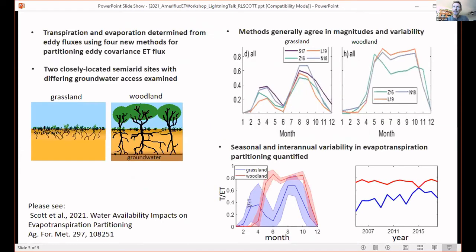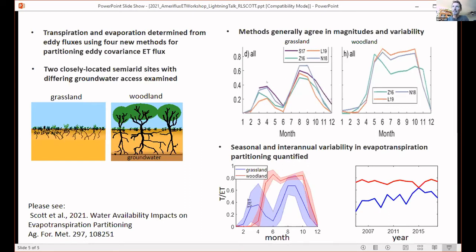We did another study where we compared a dryland grassland site with a woodland site that has access to groundwater. They're located very close to each other, but one's located down in a riparian bottomland area. And we compared our technique at S17 versus the Zhou 2016 method, Jacob Nelson's 2018 approach, the T algorithm, and Lee 2019 approach.